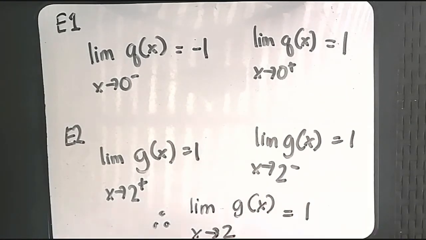Therefore, masasabi natin that the two-sided limit exists and is equal to L if the left and the right limits are equal and both exist.